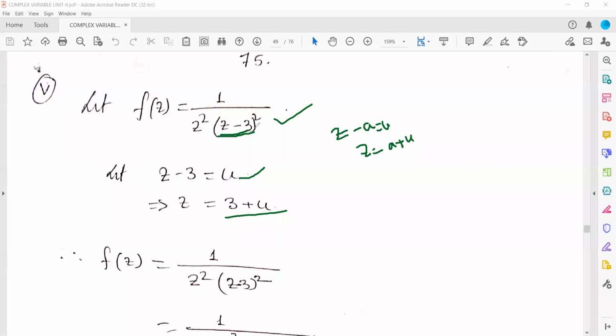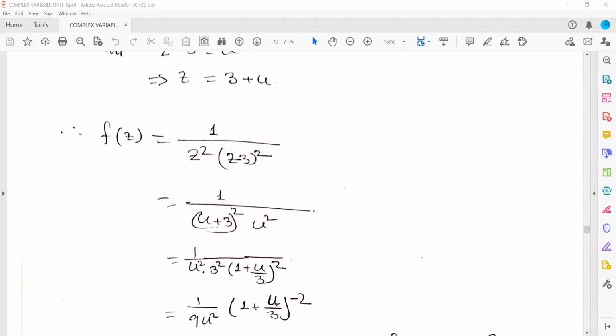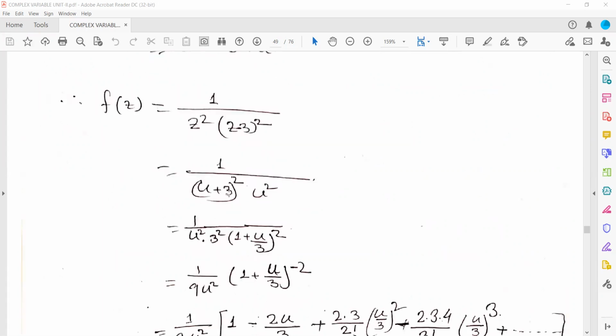So now fz is given as 1 upon z square into z minus 3 whole square. So what is z here? U plus 3, and z minus 3 is u. So now from here I am taking 3 common.